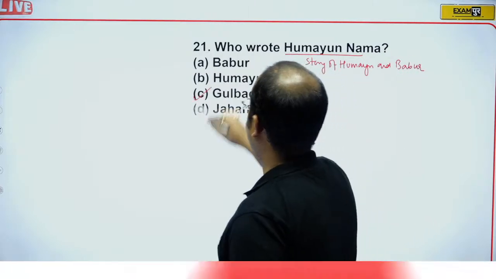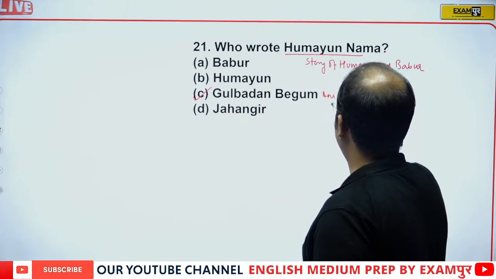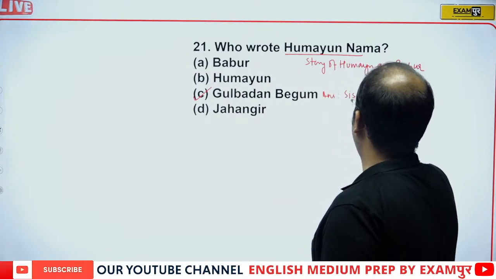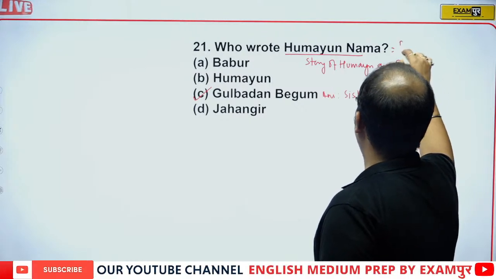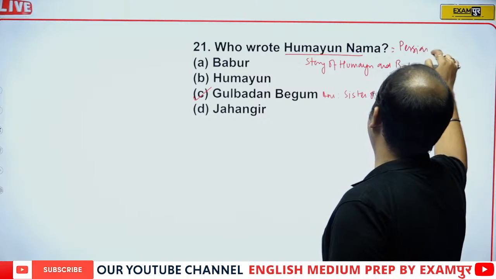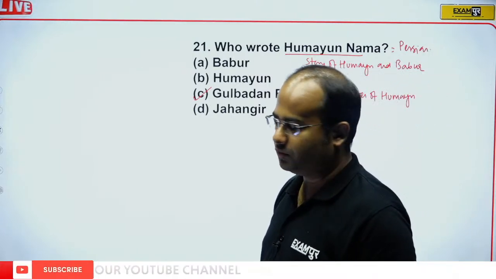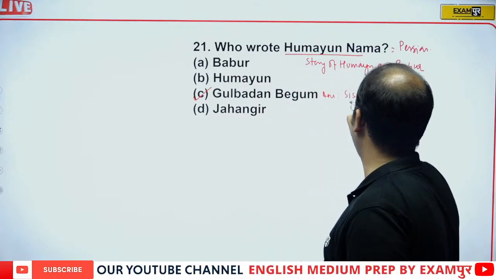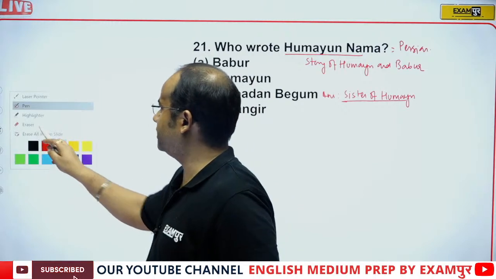And that was written by Gulbadan Begum, because Gulbadan Begum was the sister of Humayun. And it is written in Persian, on the request of Akbar. She was not the wife of Humayun, she was the sister of Humayun.